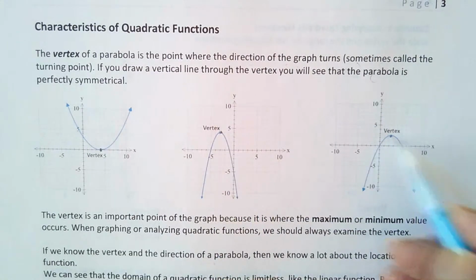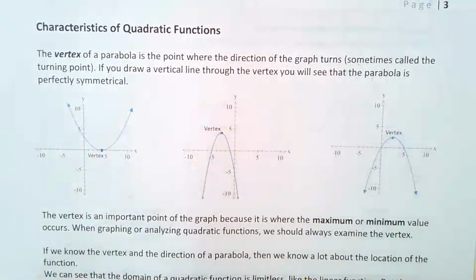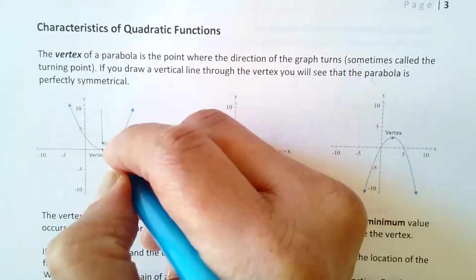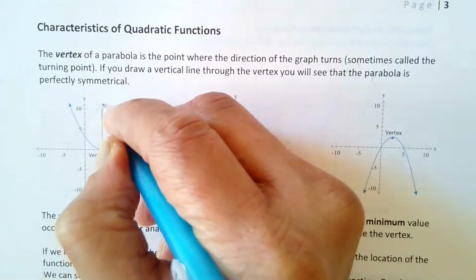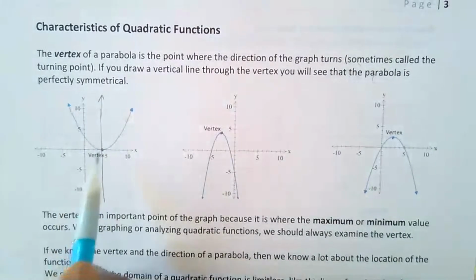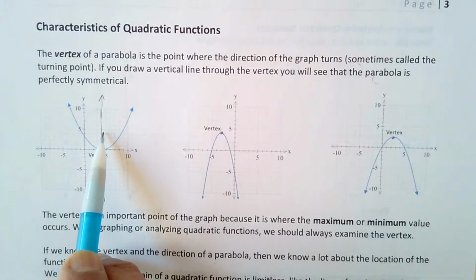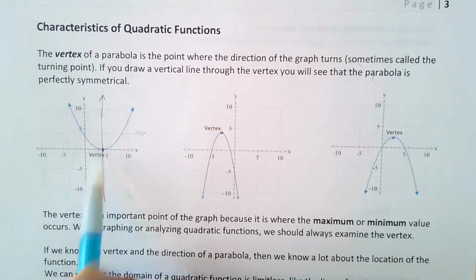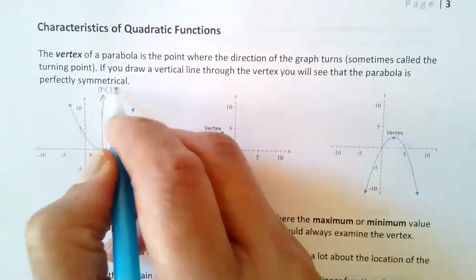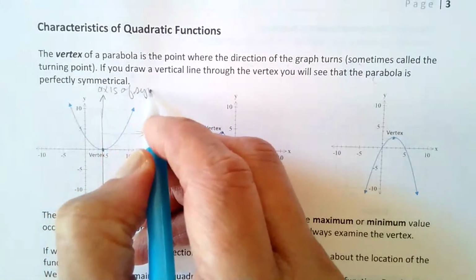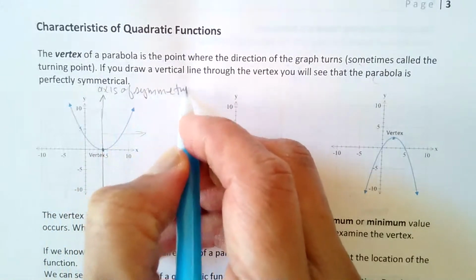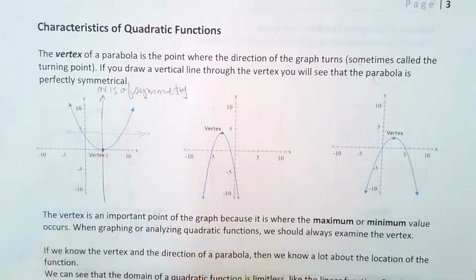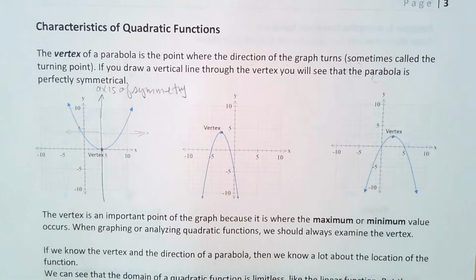Now, if you were to draw a vertical line through the vertex, you see a perfect symmetry. In other words, the right side of this axis, called the axis of symmetry, is exactly the same as the left side of the axis of symmetry.